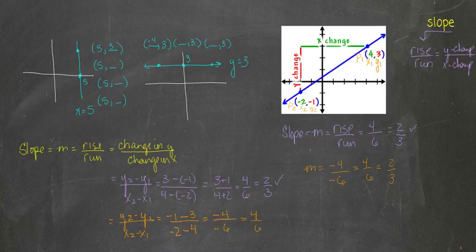I have 4 over 6, which equals 2/3. So when I bounce to count my rise and my run, I actually not only get the same end answer, but I get the exact same work along the way, right? -4 over -6, I started there with the bounce counting. So this is true for all lines.